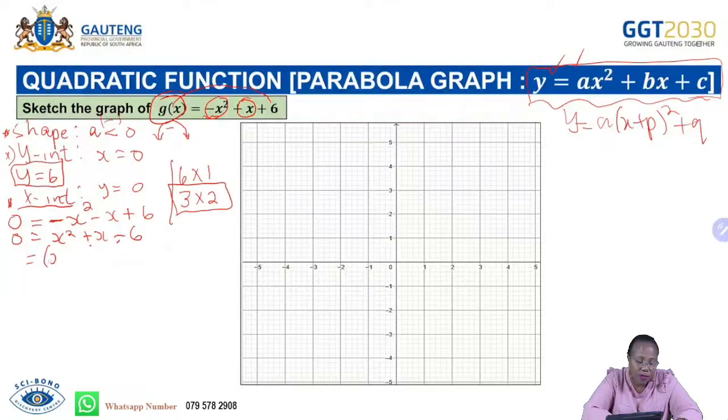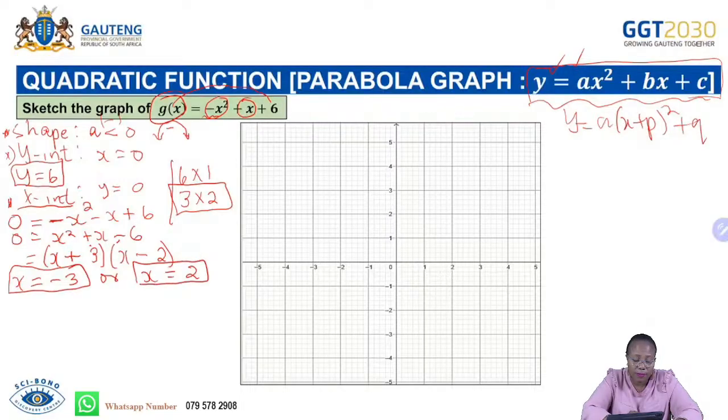Therefore, our factors will be x and 3, x and 2 this side. So now if we need a plus 1, the bigger one must take the positive, and this one will be negative then. So now the first bracket is giving us x value equal to -3, or the x that is equal to 2. Therefore, these are your x-intercepts, grade 12.